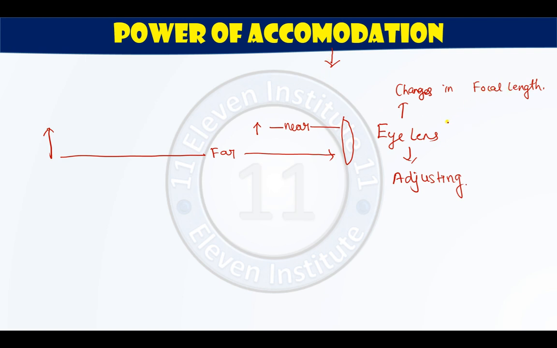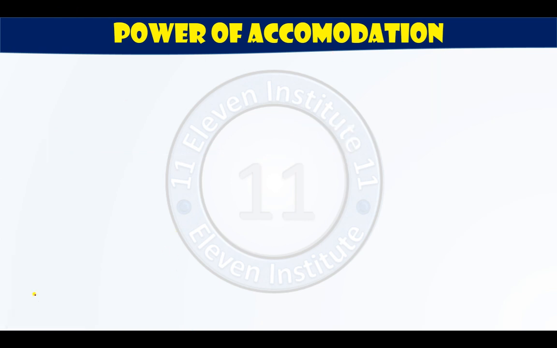Fine. And ultimately, the change is in focal length of eye lens, but this change is undertaken by the ciliary muscles. The ciliary muscles contract and relax and ultimately increase or decrease the focal length of eye lens. Let us see now what is given in textbook about this.